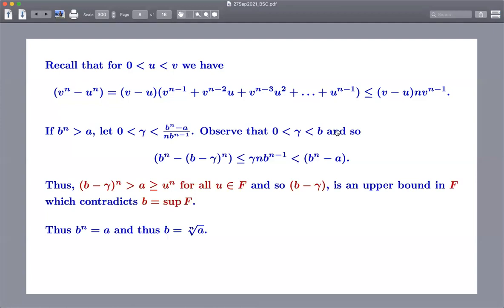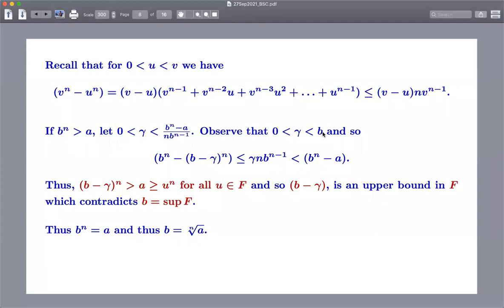All right. Now, how can we observe that gamma is less than b? Well, gamma is certainly less than b^n divided by whatever is in the denominator. We just take out this minus a term, so you would have increased. And then b^n divided by n b^(n minus 1) gives you b by n. So gamma is less than b by n, and therefore it is less than b.